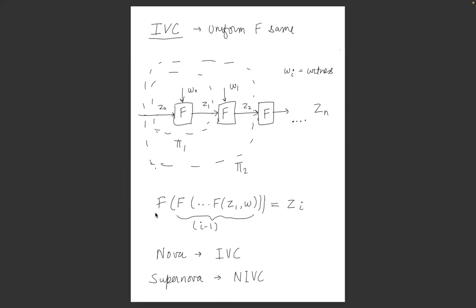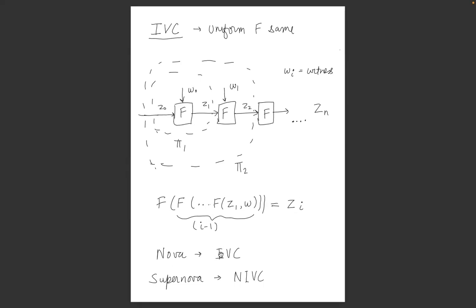So the equation would be f takes some initial input z naught with some witness, and then it just iterates, or computes iteratively, to have a final state zi over some i minus 1 steps. So it computes this function for i minus 1 steps to give some final state zi.